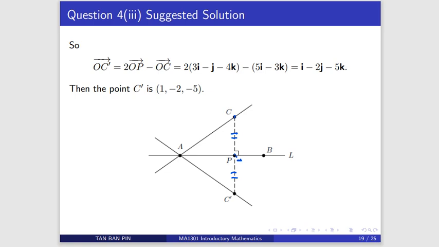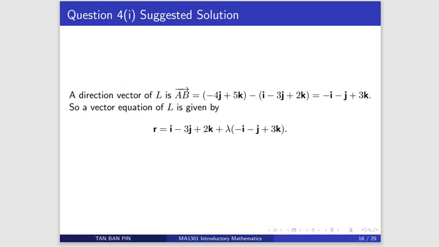So you can draw this diagram, and because P is on the line L, OP must satisfy the equation of the line. Which means the position vector OP must also be of this form: i minus 3j plus 2k plus lambda times minus i minus j plus 3k for some lambda.